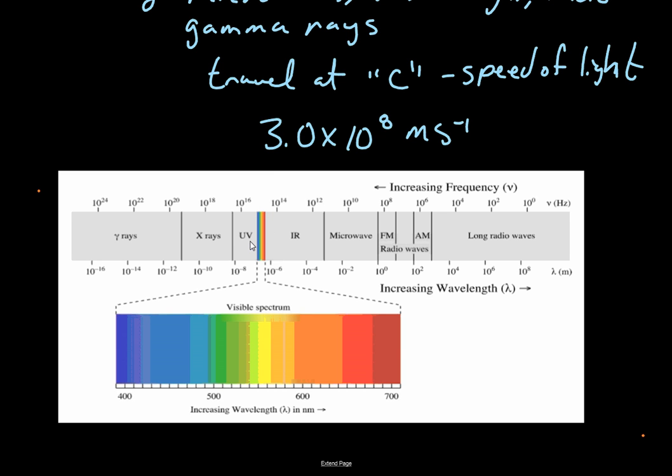It emits strongly in the visible region, and since we came into being on the Earth, it makes sense that our eyes would tune into this. We'll talk a little more about that later, but this is the whole spectrum.